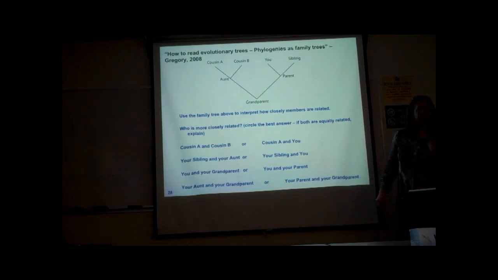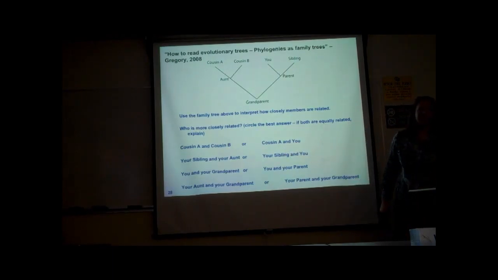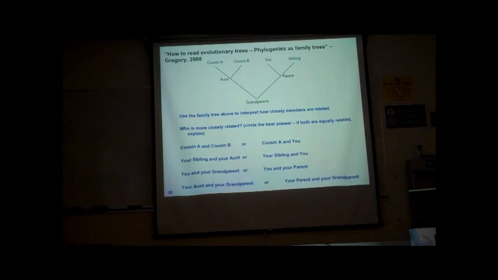If you rotated cousin A and B, that node, does it change anything? No. Why doesn't it change anything? They're not arms splitting off from you. So who's more closely related, cousin A or B, or cousin A and you? A and B. Why? Depends on how closely related aunt and parent are.